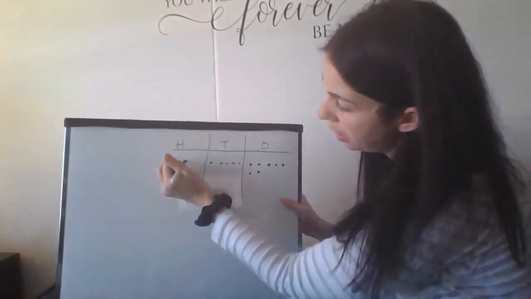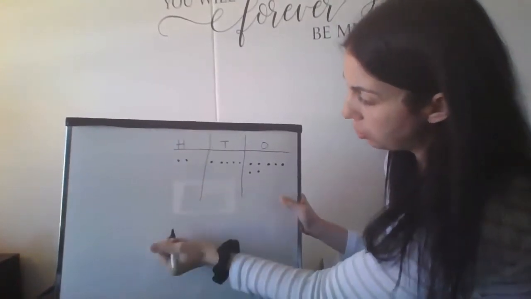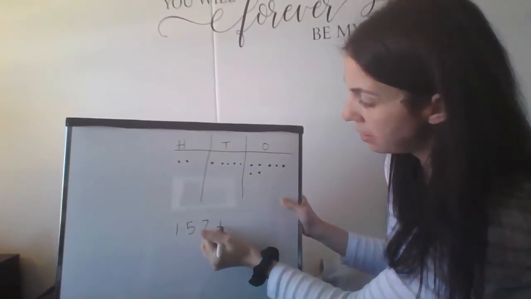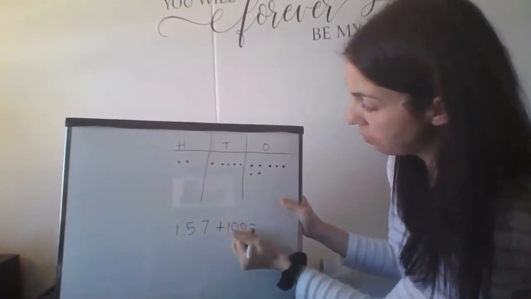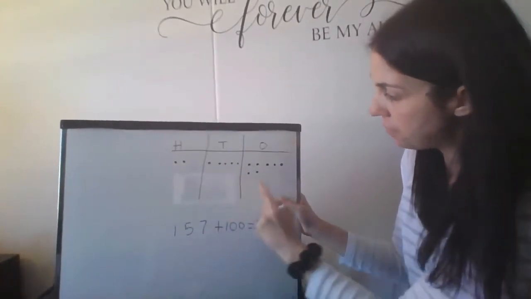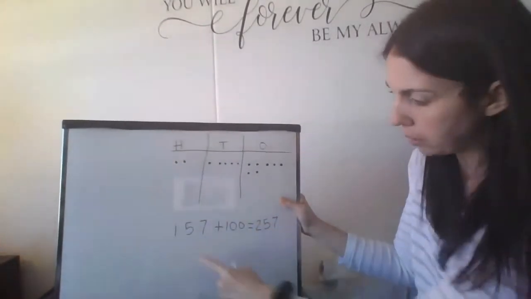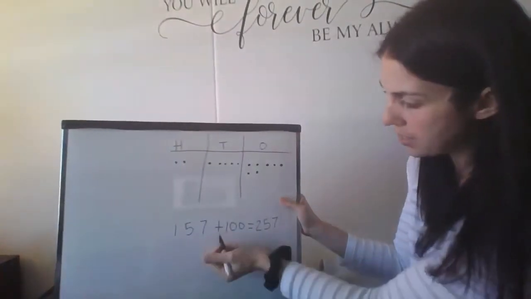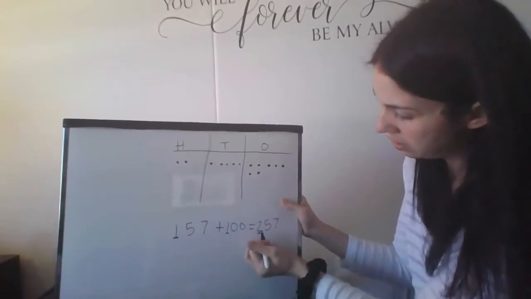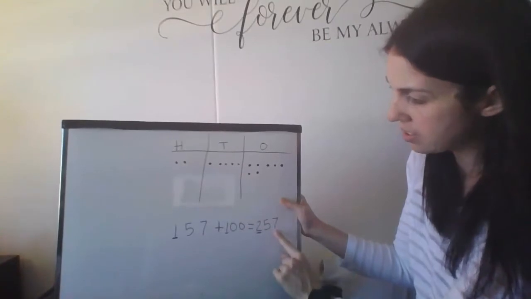So my original was 157 plus 100. Now I have 257. And if you look at the problem, the only thing that changed was my hundreds place, right? I went from 100 to 200. My tens place stayed the same. My ones stayed the same.